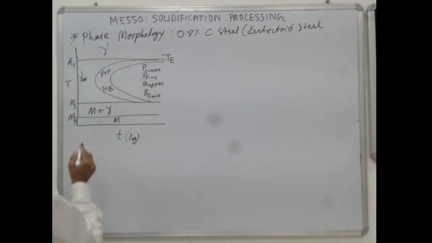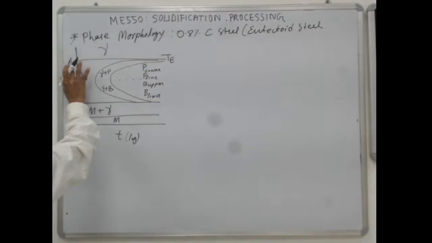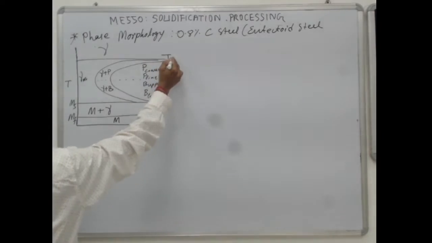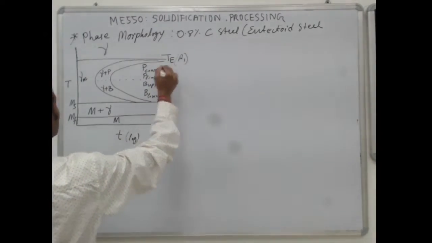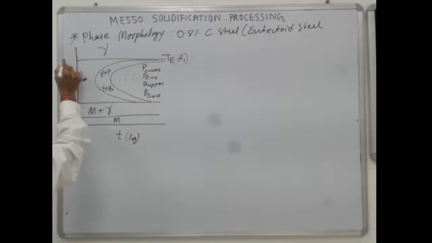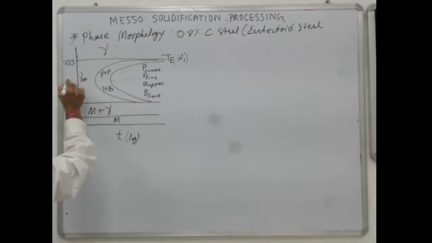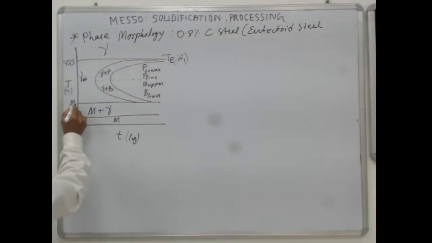For eutectoid steel, this is the eutectoid temperature, the A1 temperature. This is around 723 or 727 degrees centigrade. Different books will give different values.